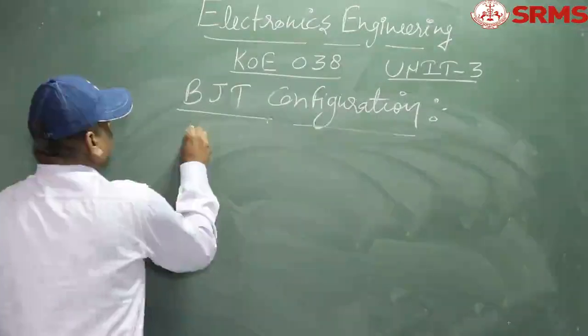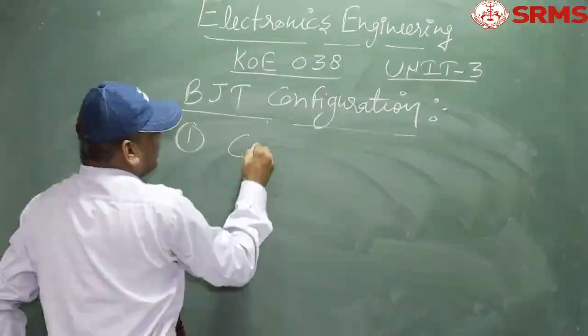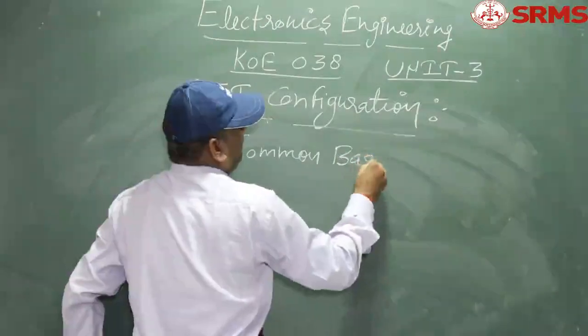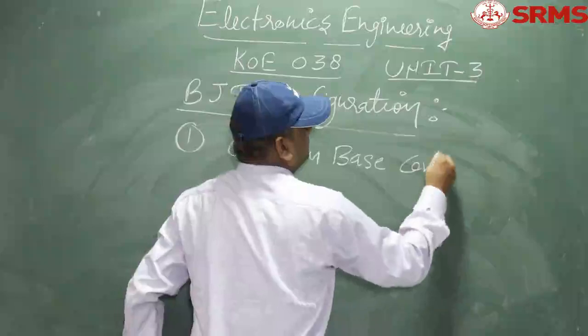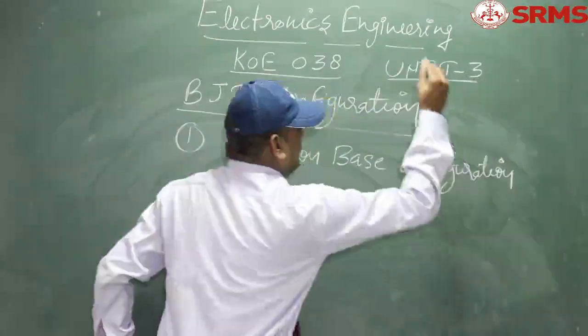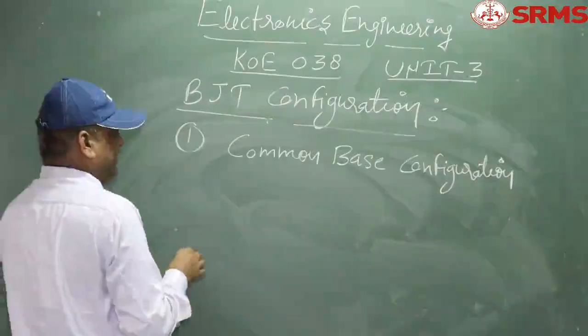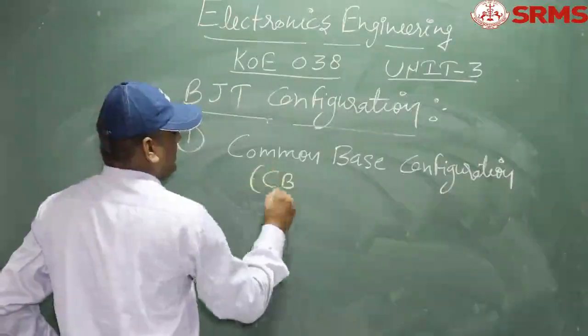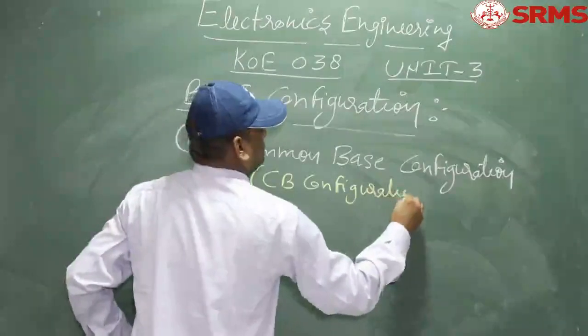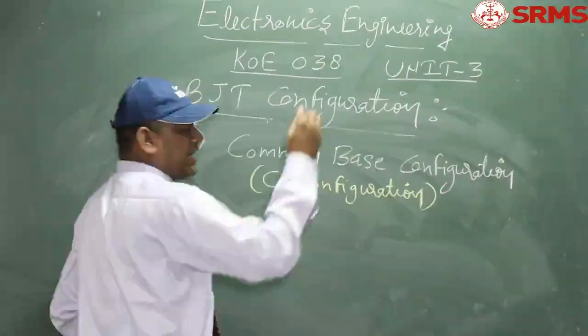The first configuration is known as common base configuration, or you can say CB configuration.